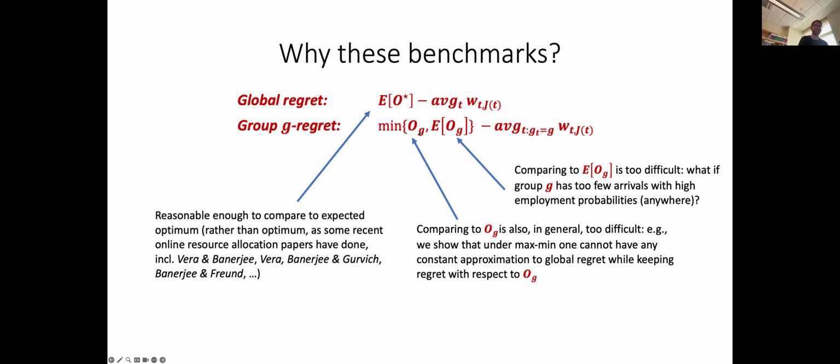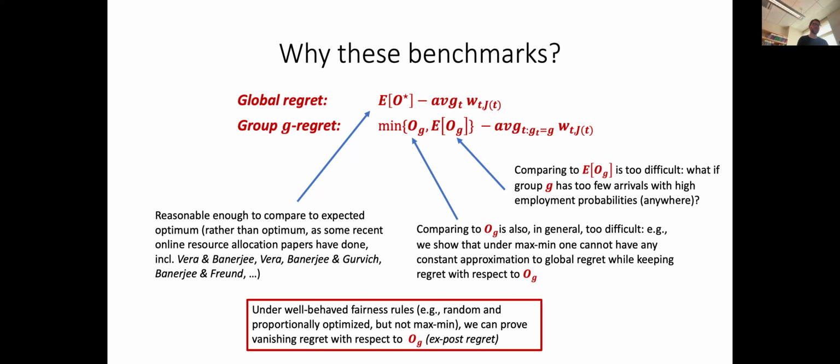At the same time, for well-behaved fairness rules that fulfill a particular regularity condition, we show that we can actually have vanishing regret with respect to just OG, which we refer to as the ex post regret. I will not focus on that detail in the rest of the talk. Instead, I will focus on the benchmarks that we have here, which is either the global regret or the group G regret.